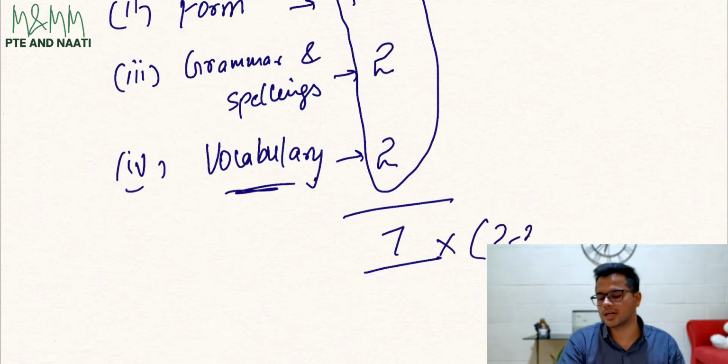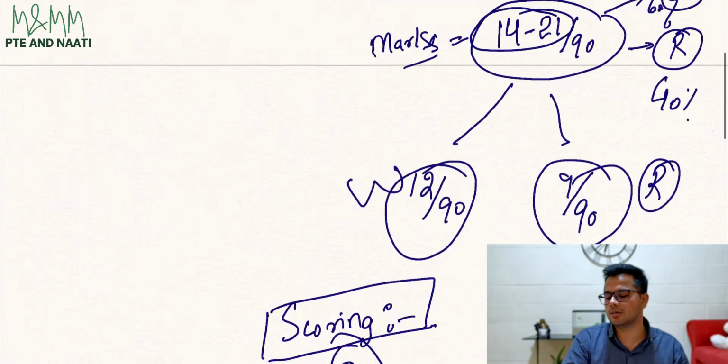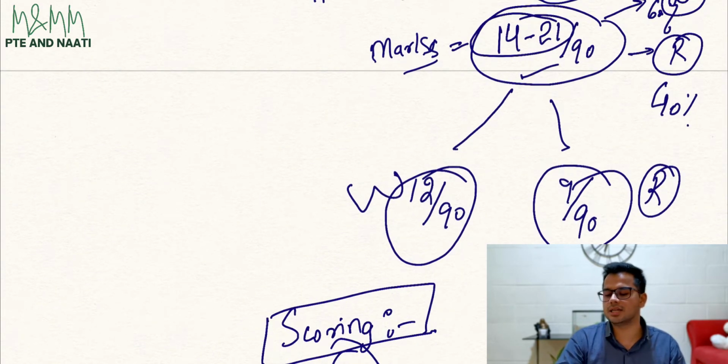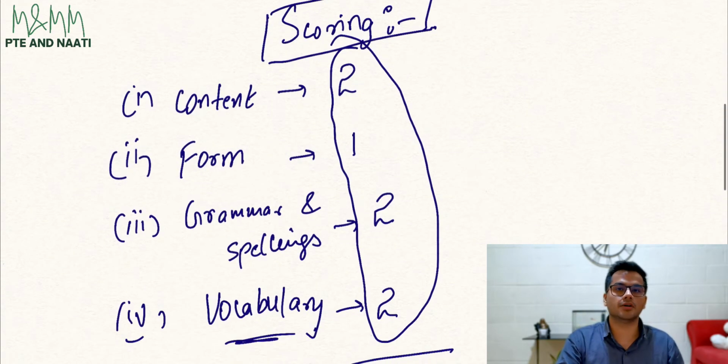And since you are getting 2 to 3 summaries in the exam, if you multiply the number, you're getting anywhere between 14 to 21 marks out of 90, which is the exact number that I gave you at the beginning of the video. So I didn't create these numbers out of my brain. These are purely mathematical numbers. So the scoring is right in front of you here.